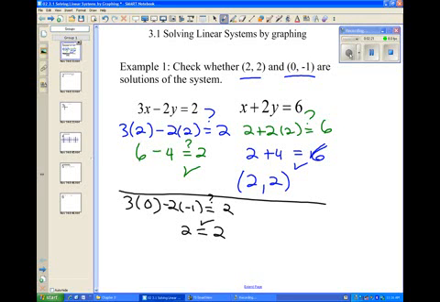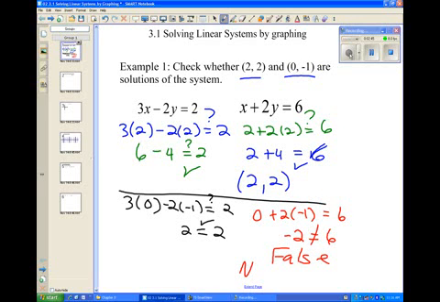Is it a solution for both? So the question is 0 plus 2 times negative 1. Is this equal to 6? Well, 2 times negative 1 is negative 2, so 0 plus negative 2 is negative 2. Is this equal to 6? No. So this is false.